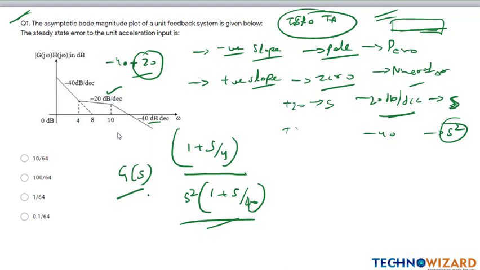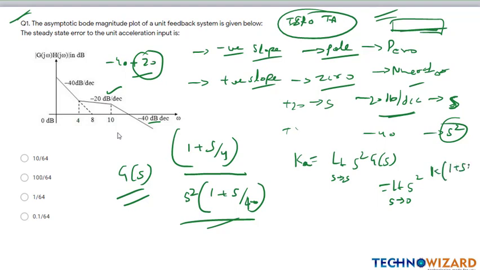Now we have to find the steady state error for unit acceleration input. To find it, I am finding Ka. Ka is given as limit S tends to 0 of S square G of S, that is equal to limit S tends to 0 of S square K (1 plus S upon 4) upon S square (1 plus S upon 10).